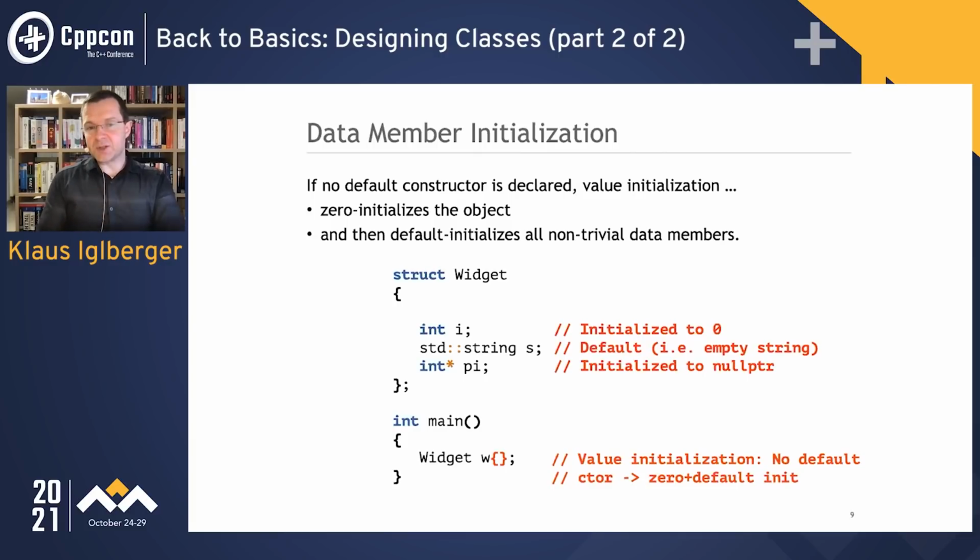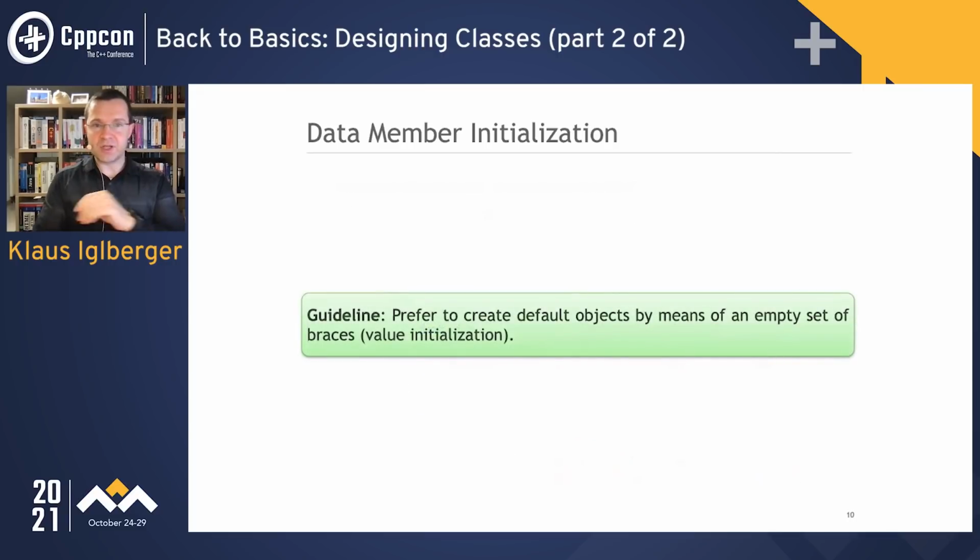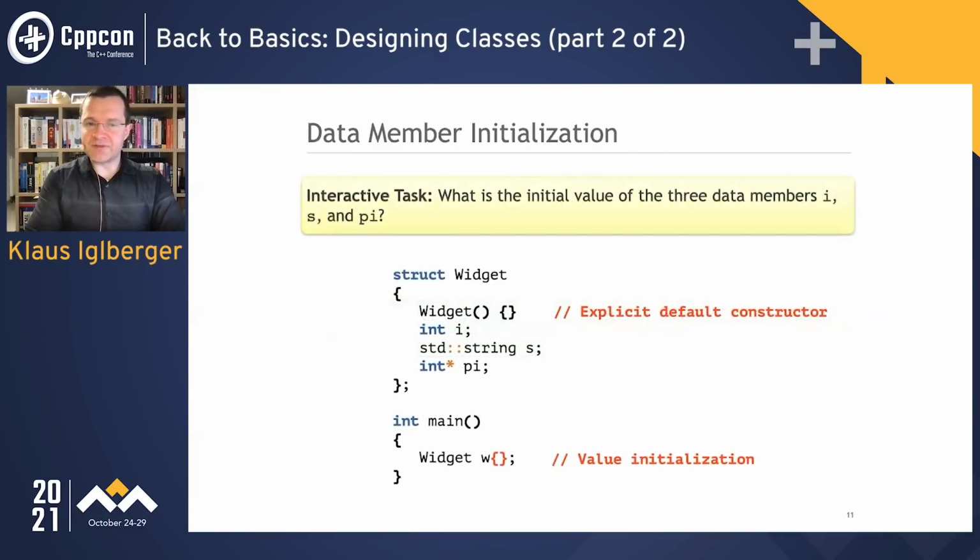Guideline: prefer to create default objects by means of an empty set of braces. Value initialization really helps. It's great. But even the nicest syntax fails if you take the responsibility for this function into your own hands. So you're now adding this default constructor, the constructor with no arguments, and you don't need to do anything.